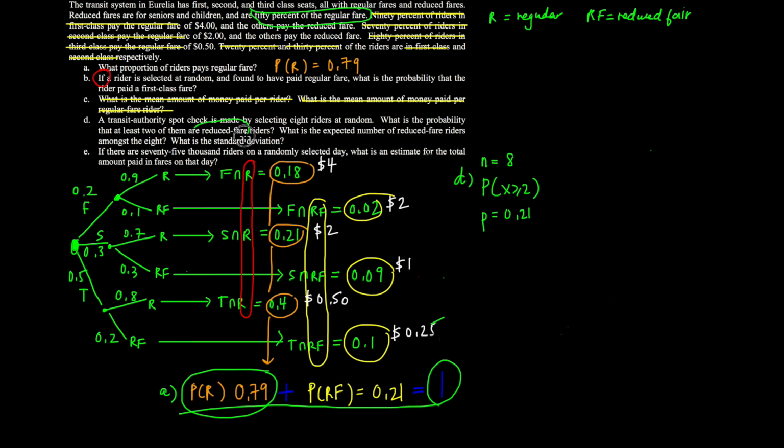So right here, reduced fare riders. So because I have one given outcome from which I can deduce the complement, which we know already for the regular fare to be 0.79. And because I want a certain number, so at least 2 out of a given total, 8, I know right away that this is binomial. So let's do our little binomial formula check.